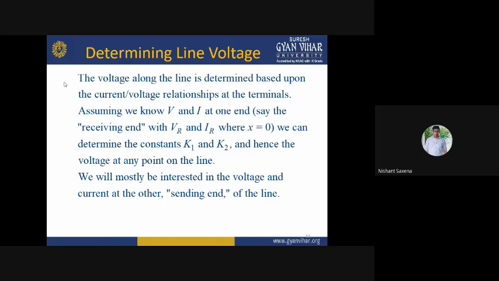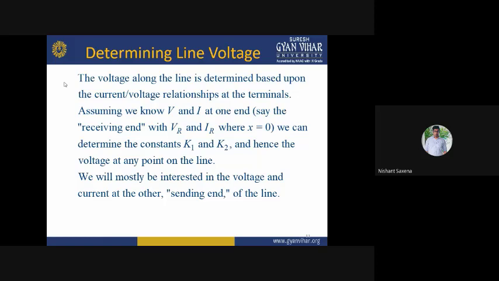Assuming we know V and I at one end, say the receiving end with VR and IR where x is equal to 0, we can determine the constants K1 and K2, and hence the voltage at any point on the line.